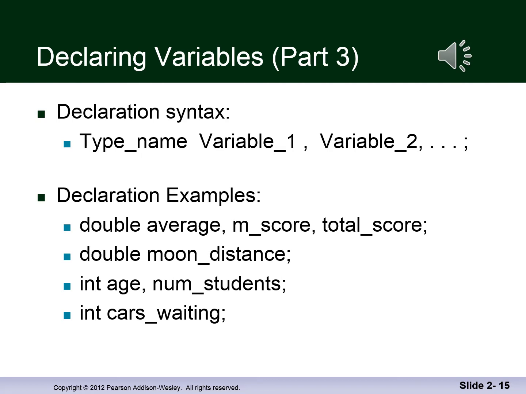On the second line, you're declaring just one double called moon distance. On the third line, you're declaring two integer variables, age and num students. And on the fourth line, you're declaring one integer variable called cars waiting. I hope this is clear to you. If not, let me know.